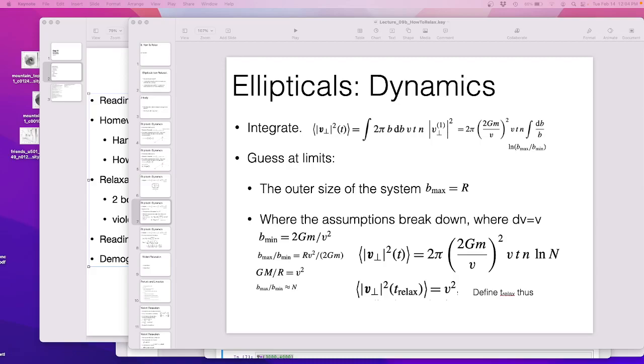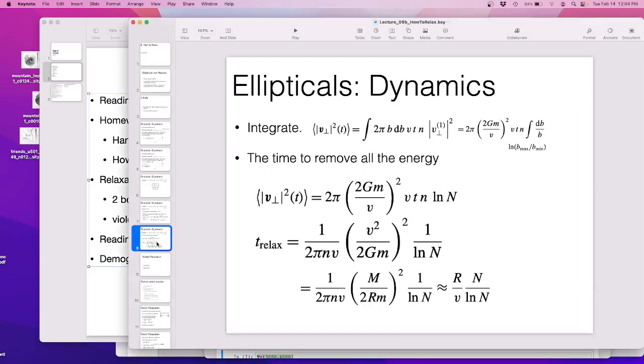So I just say v squared equals 2 pi times (2Gm over v squared) times v t relax times n times log big N. So we're defining t relax implicitly with this equation. So I got a v squared here and some v's over here, and we solve this to get, here, I'll just leave this algebra up here because it's better to look up here than watch me do it.